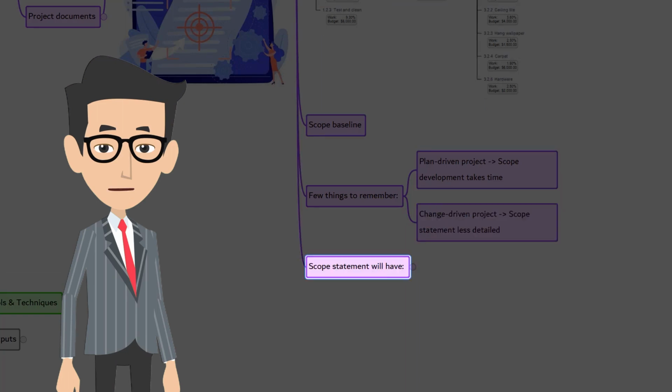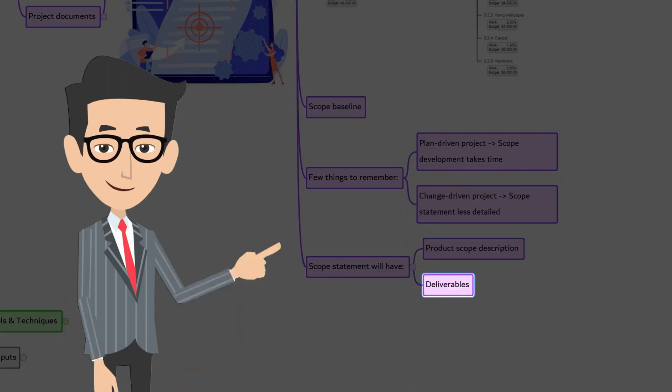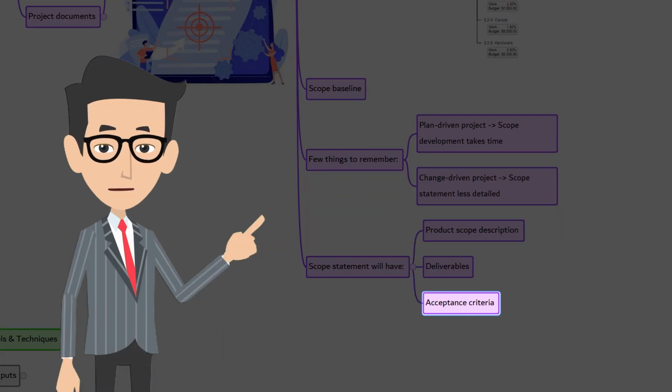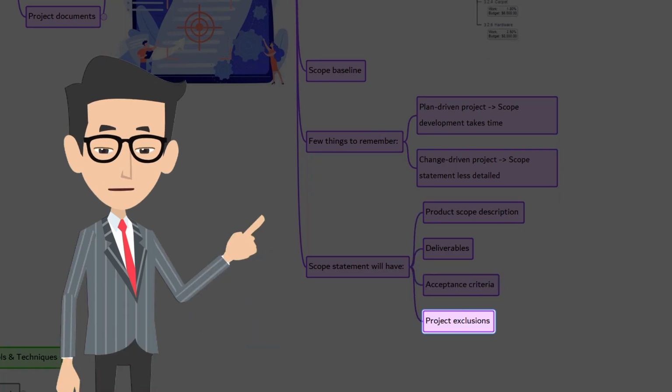In either case, a detailed project scope statement typically includes a description of the product that will be delivered by the project. The product, service, or result that will be delivered as an outcome of the project will be detailed as deliverables. The stakeholders' acceptance criteria to call the project complete. And very importantly, what is excluded from the project.